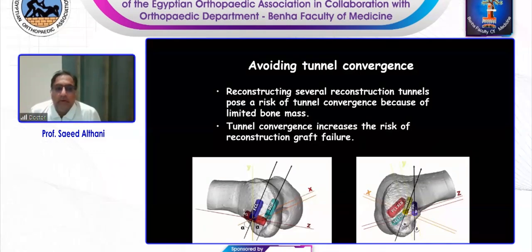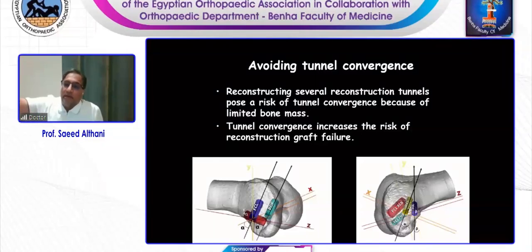When you do multiple ligaments, there is a lot going on in the knee. It is better to draw your plan on the screen or on the board in the OR and discuss the steps of what you're doing with your team.